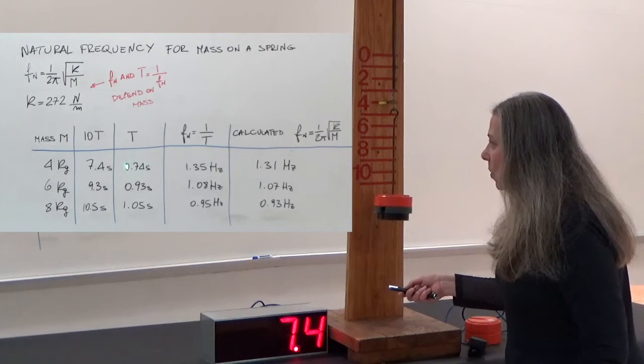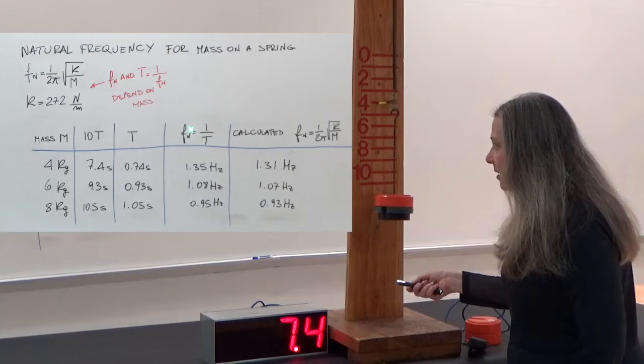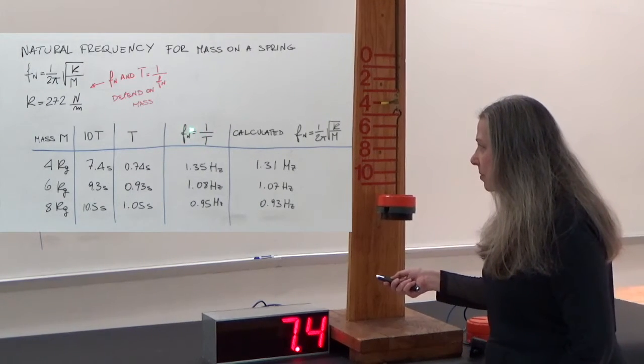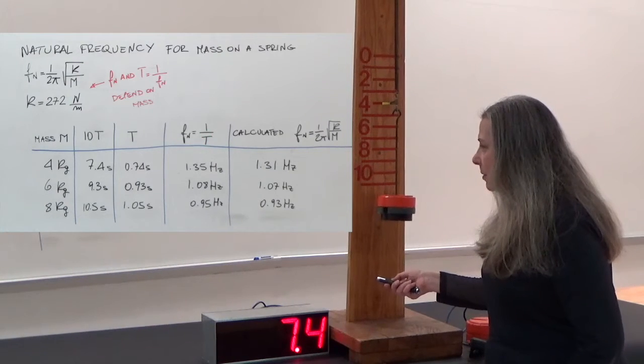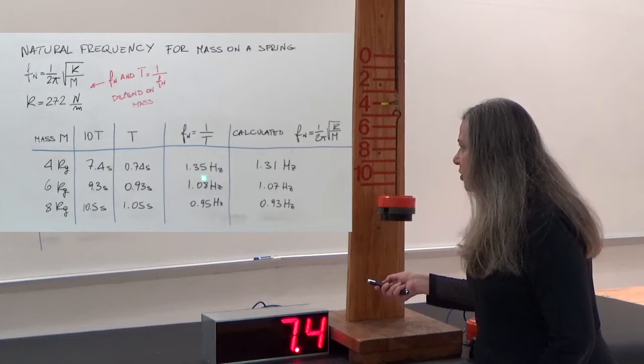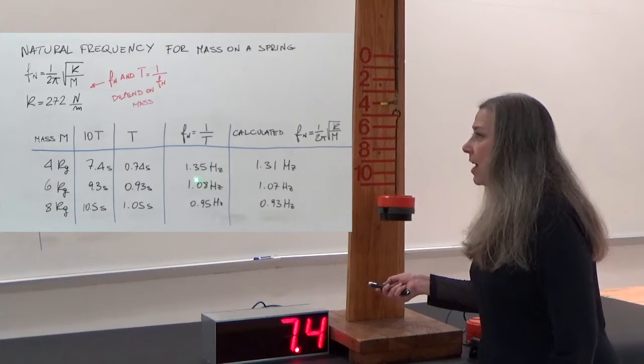And so for 1 period T, we have 0.74 seconds, and the natural frequency is the inverse of the period. Remember, the frequency is 1 over T, T equals 1 over f. And so the natural frequency with 4 kilograms is 1.35 hertz.